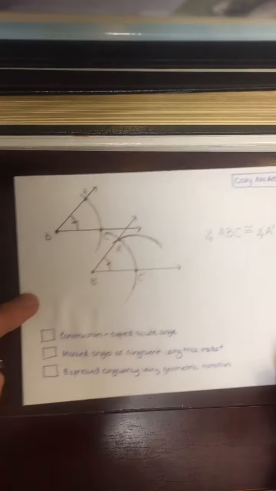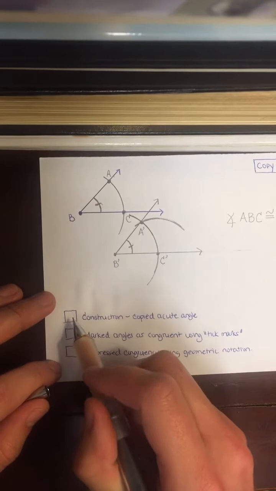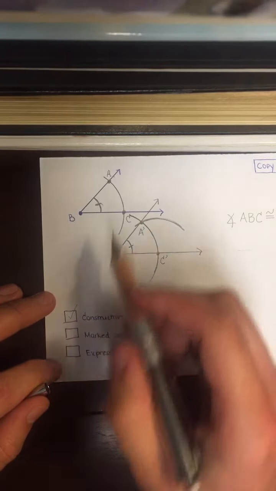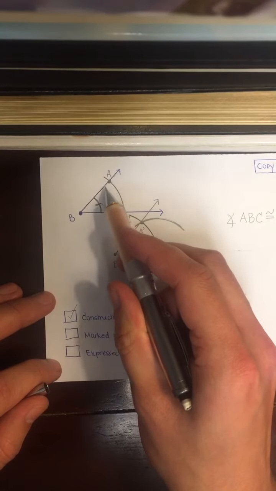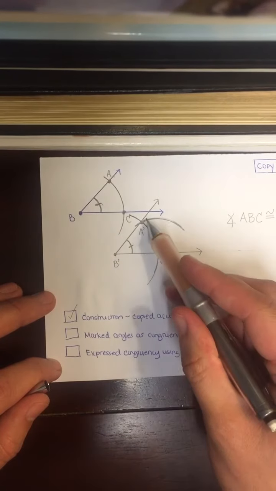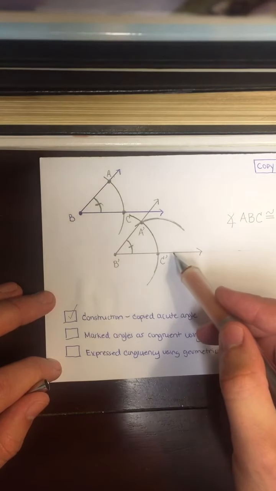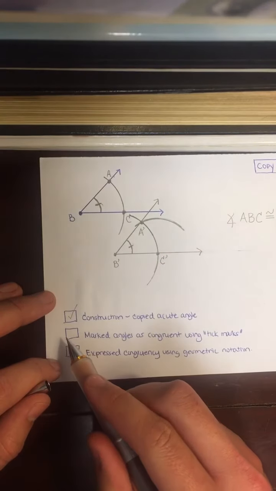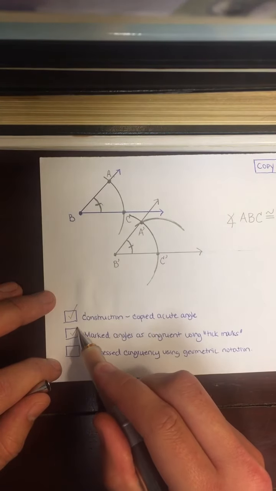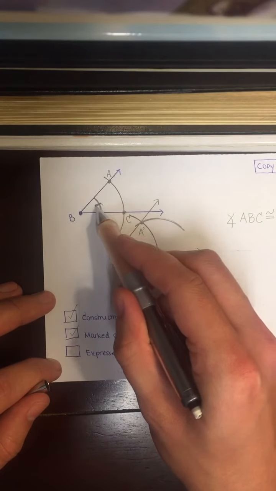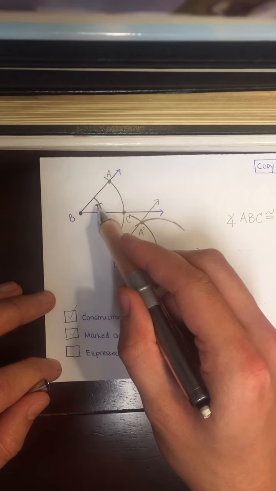So reviewing my expectations, the first one was that we created our construction. Essentially, we copied the original acute angle. We took our original acute angle here, and we used our compass and straight edge in order to directly copy that specific angle down below. The second thing is that I marked my angles as congruent using tick marks. So this angle up above, my original angle, has one tick mark.